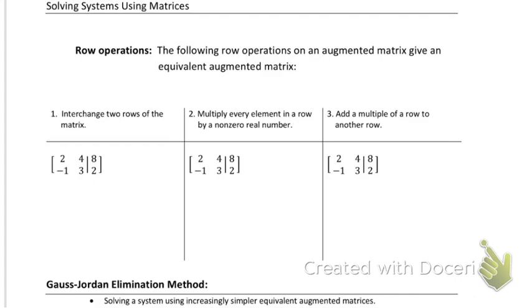All 3 of these are based upon those principles of equations, because at the heart of this is 2x plus 4y equals 8, and negative 1x plus 3y equals 2. We're not doing anything that breaks those equations. We're just embedding it into this matrix. Everything we're doing keeps everything balanced. So the first thing I'm allowed to do is interchange 2 rows of a matrix.